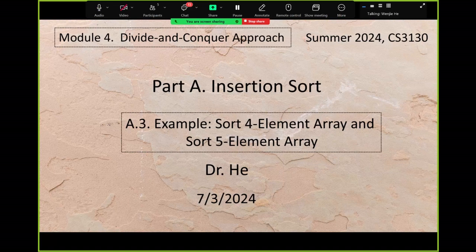Let me do the 4-element array today, and leave the 5-element array for next time, after I finish the review. Sorting a 4-element array is very simple and related to insertion sort, so I can finish it today in a few minutes.